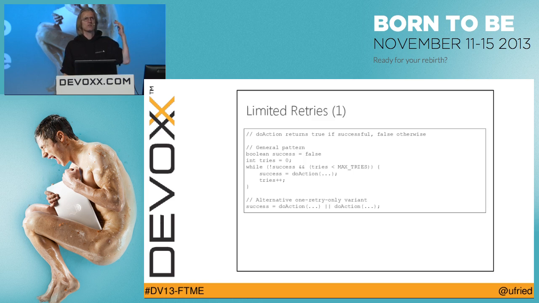And so you can make that even easier and implement that just with a simple loop here. As long as you didn't do too many tries, you just retry to do your action. I assume here that it just returns a true if it succeeded and a false if it didn't, just to make the code easier to read. And you do a loop around that.